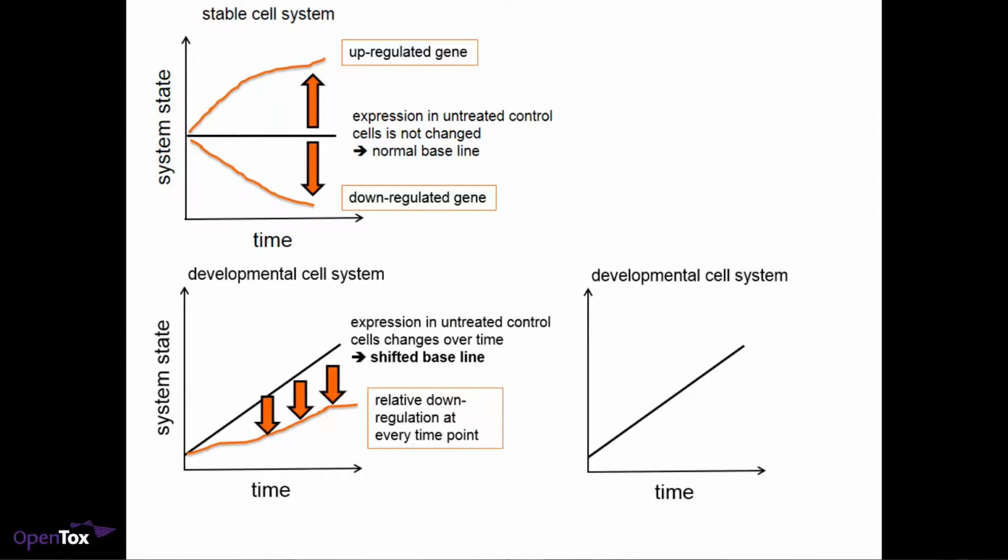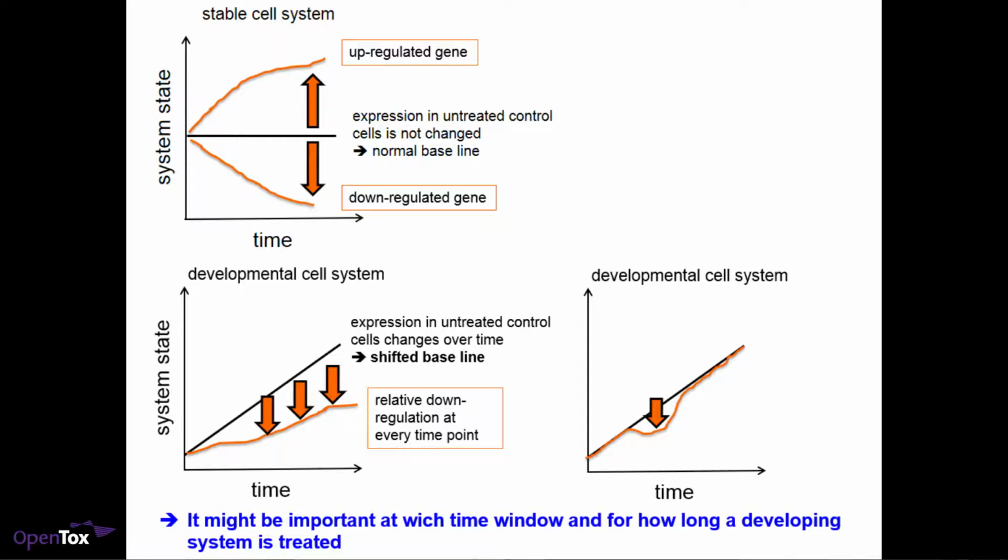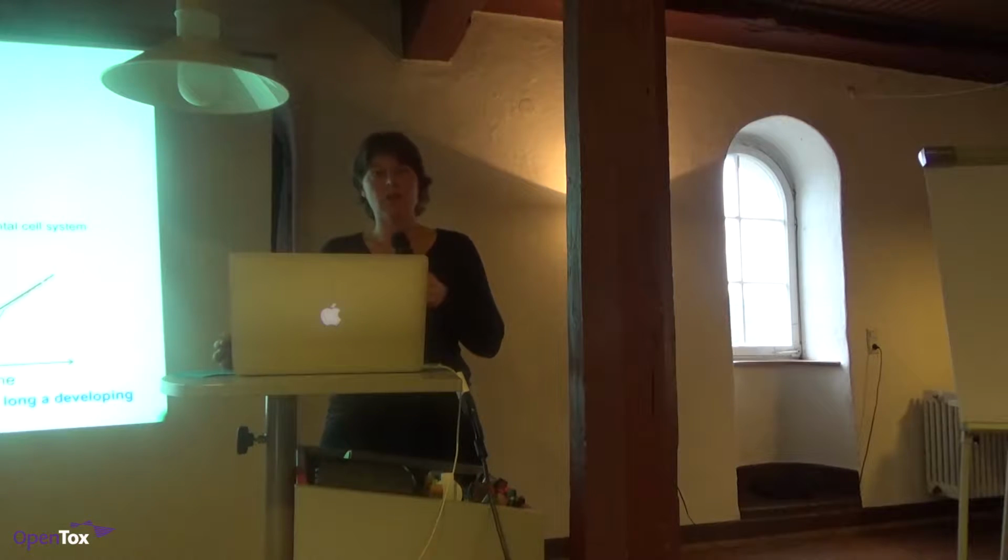And you can have the situation that a gene is only downregulated at the end of differentiation, or in the middle of differentiation, and regenerates, and the downregulation is reversible, for example. So therefore it might be important at which time window and for how long a developing system is treated.